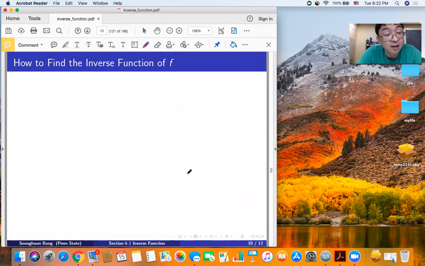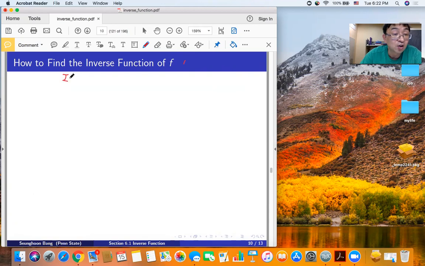How can you find the inverse function of f? We have two methods. The first method is the algebraic method. The second method is the geometric method. What's the main key for finding the inverse function? The main key is the next one. So really be careful here.